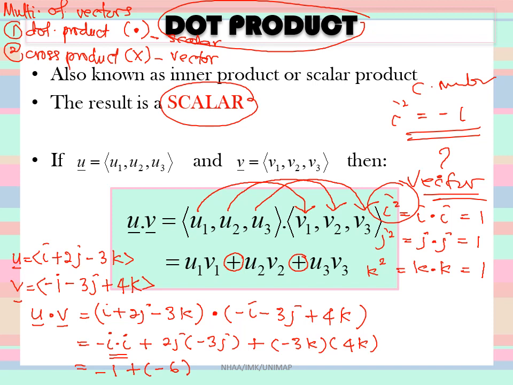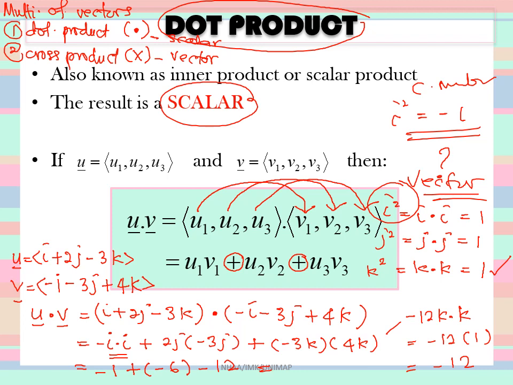This is negative 12, because k dot k is equal to 1.